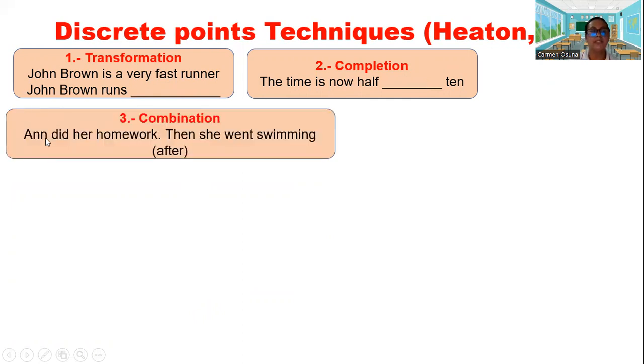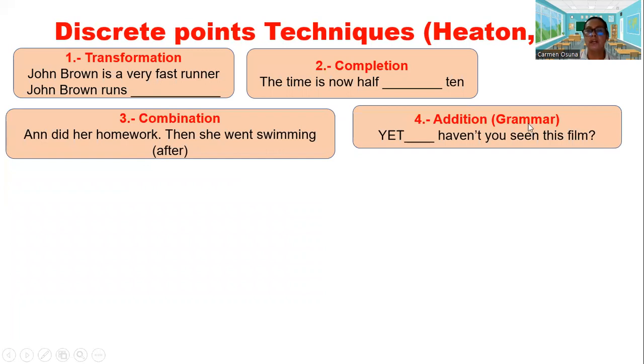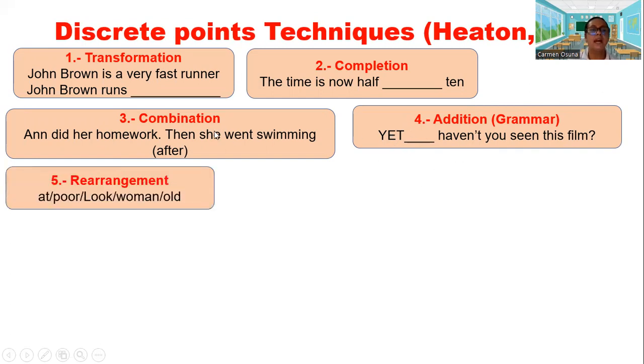Combination, there are here two sentences, Anne did her homework, then she went swimming, and I'm going to combine these two sentences with after. I have to put that word after. Addition, grammar. Haven't you seen this film? And we have to add this word, yet. Rearrangement. We also call this to put the words in order.